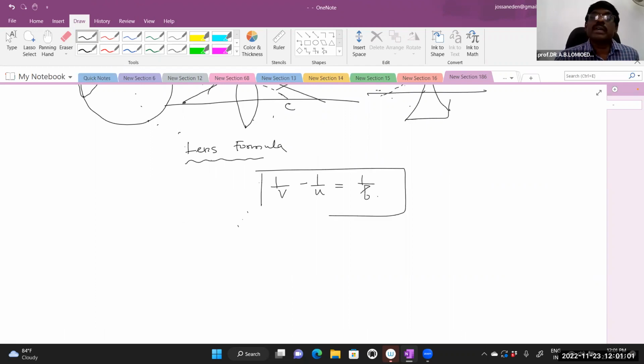Sometimes in spherical mirror, we use 1 by V plus 1 by U is equal to 1 by F. Here, considering the sign convention, the lens formula is modified as 1 divided by V minus 1 divided by U is equal to 1 divided by F, where V is the position of the image, U is the position of the object, that is the distance, and F is the focal length.